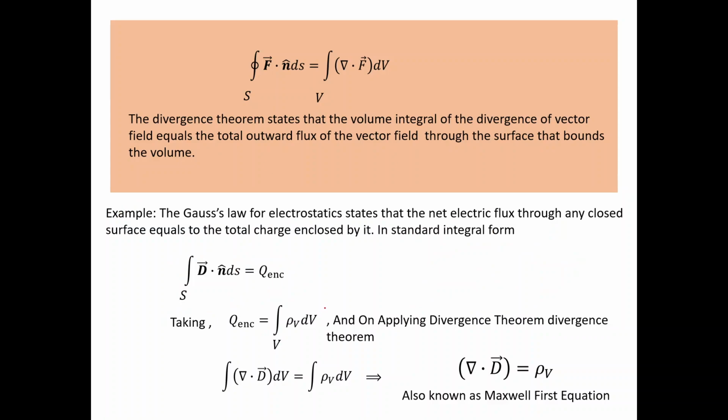Now let's say we have a continuous volume charge given by rho v, where rho v is the charge density. These are the standard symbols. Then of course the total charge enclosed will be given by the volume integration of the volume charge density.